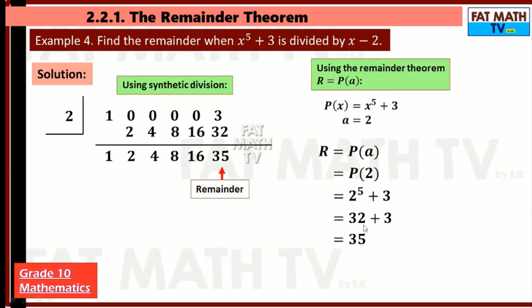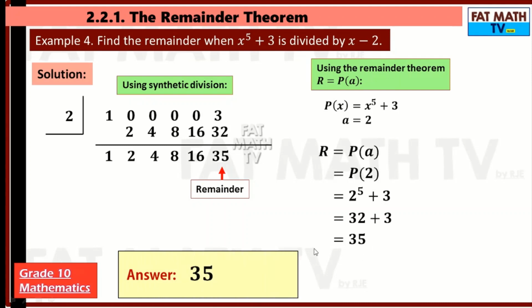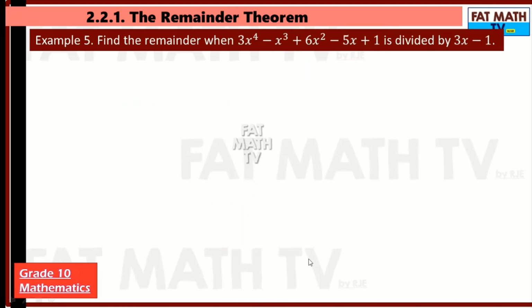So it's up to you what you're going to use. Whichever process you use, you will get the same answer, 35 and 35. But if you want to be sure, you can use two processes and check if your answers are the same. So the remainder here is 35.